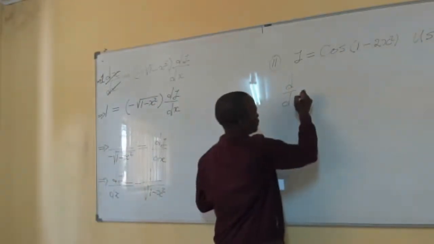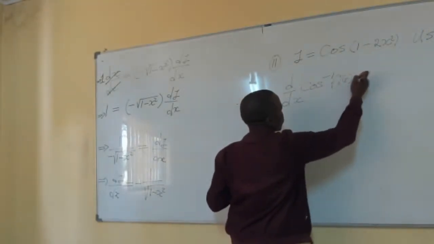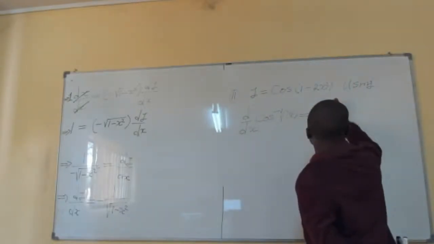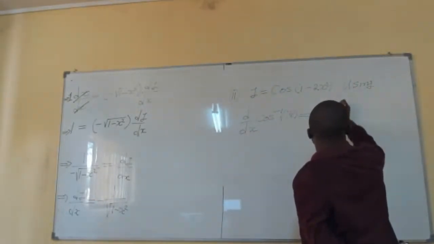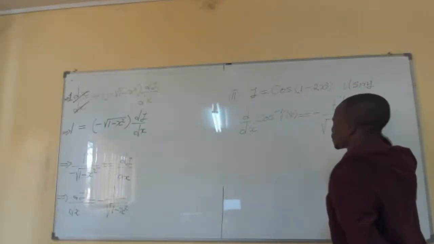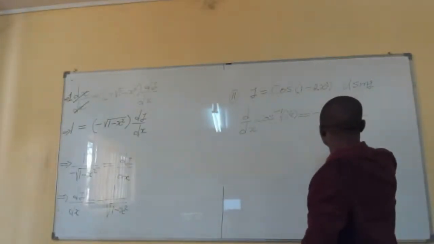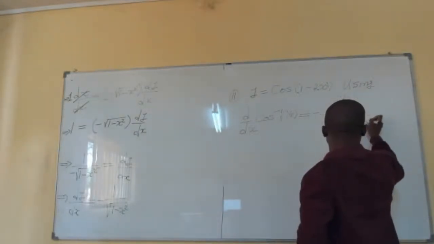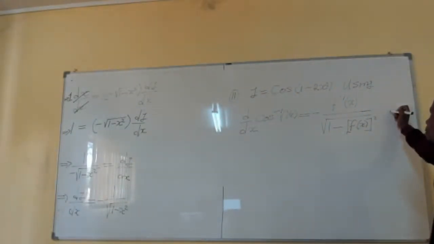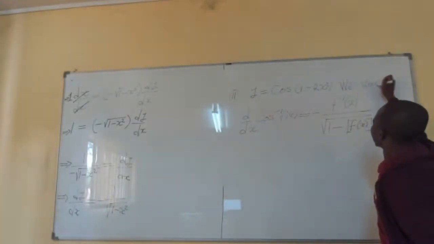The derivative with respect to x of the cosine inverse of f of x is equal to, that is the formula that we're going to apply here, the negative of f prime, the derivative of f of x, divided by the square root of 1 minus the square of f of x.